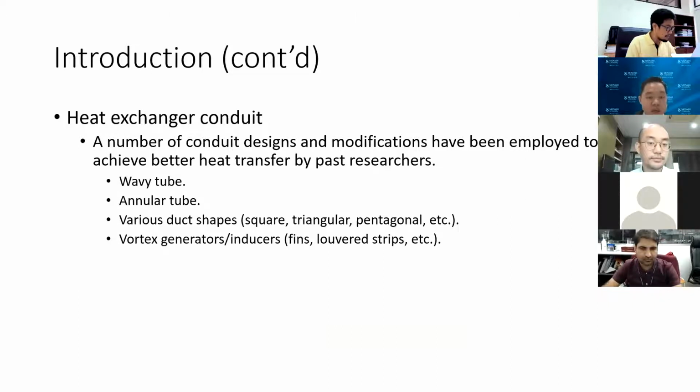A number of conduit designs and modifications have been employed by researchers to achieve better heat transfer. So we have wavy tube, annular tube, various duct shapes like square, triangular, pentagonal, etc. And we have vortex generators or inducers like fins, louvered strips, etc.